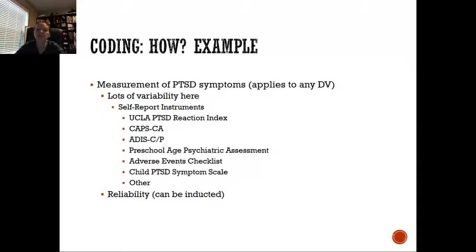For PTSD symptoms, there's actually a lot of variability in how that's measured in terms of the instruments that different researchers use. And you can see here on this slide all of the different types of PTSD measures that are actually used in the literature. And I actually didn't even list all of them that we included in this project. I cut it short.